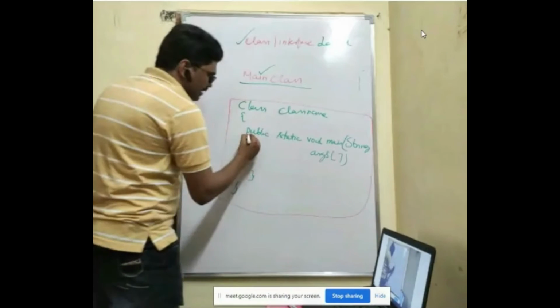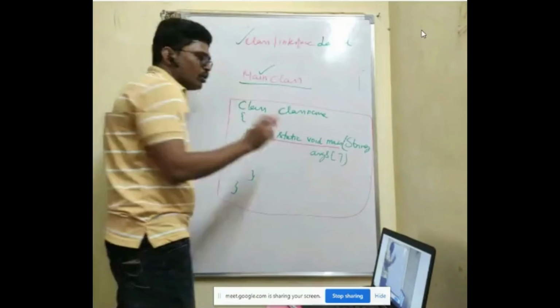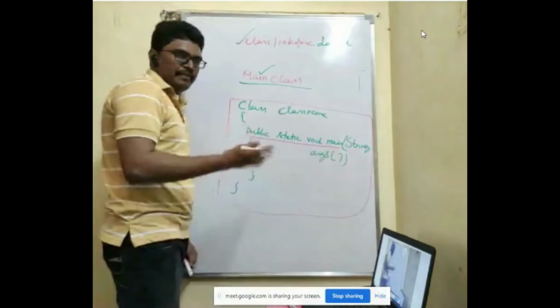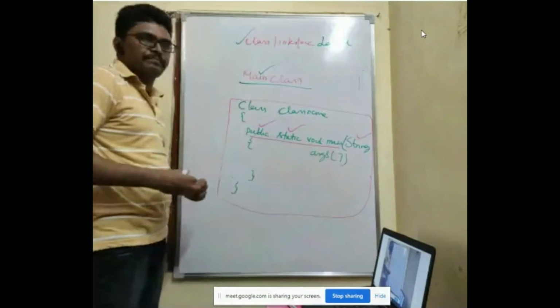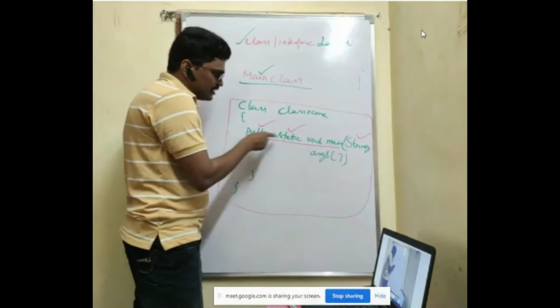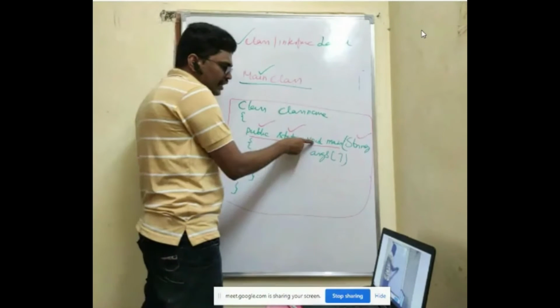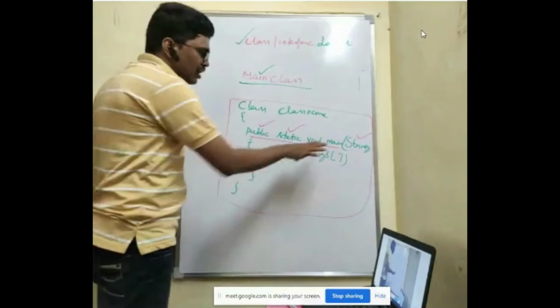I will explain the usage of each and every keyword. You already know void main, or simply main. But what is this and what is this? We'll see later, if possible today or tomorrow. So it is public static void main String args. Is that right? So now you already know the main method.